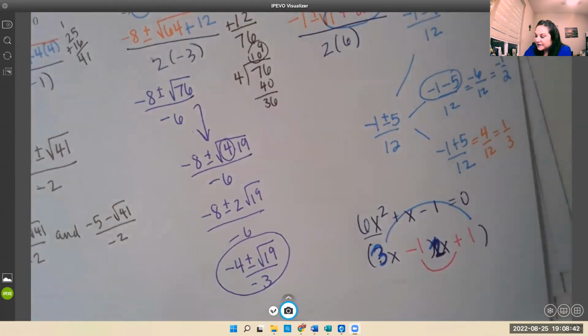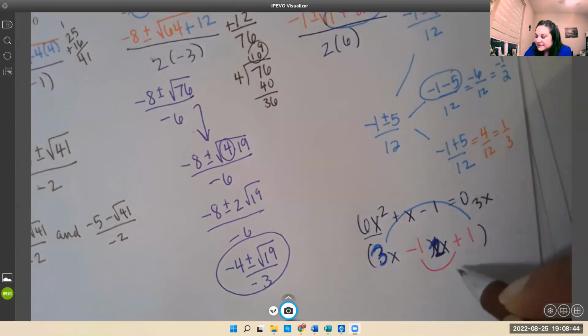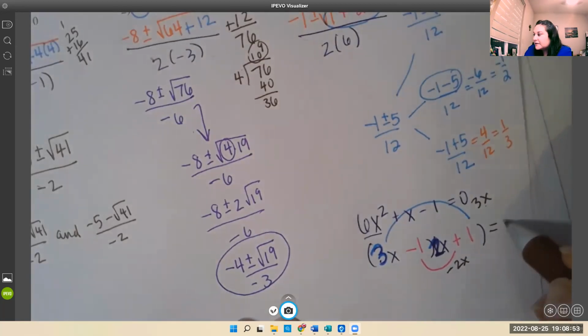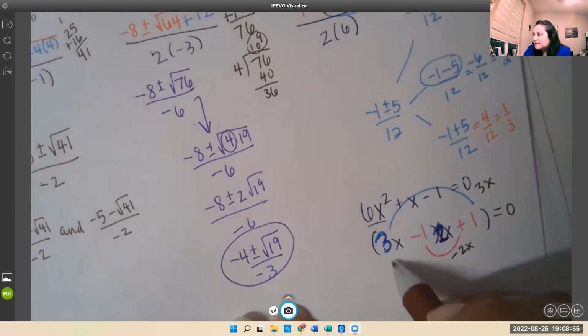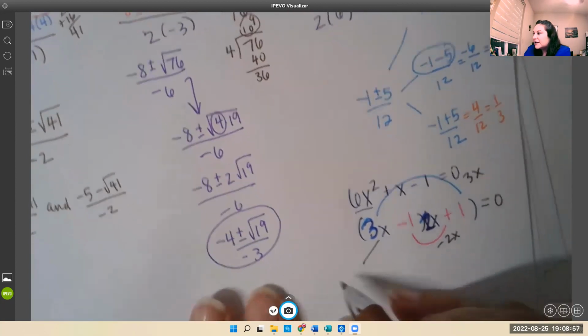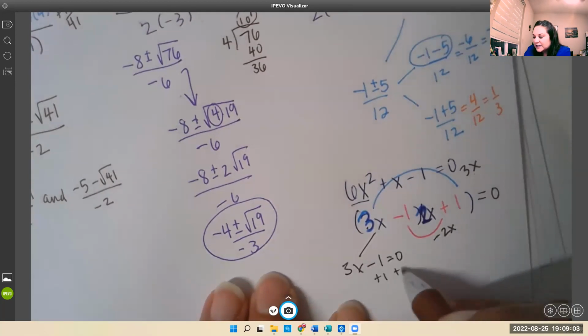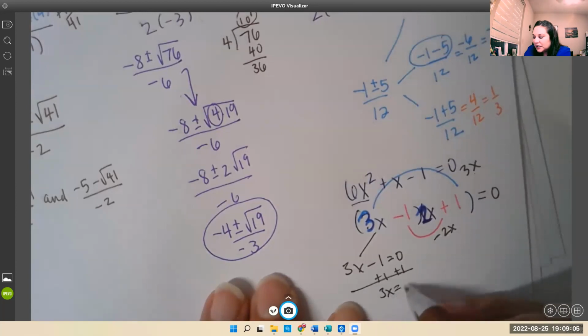The outer is positive 3x, the inner is negative 2x, and 3 subtract 2 is positive 1. And so if I were to set this equal to 0, you can't just take the opposites here. 3x minus 1 equals 0 has to be solved. You add 1 to both sides, you get 3x equals 1.